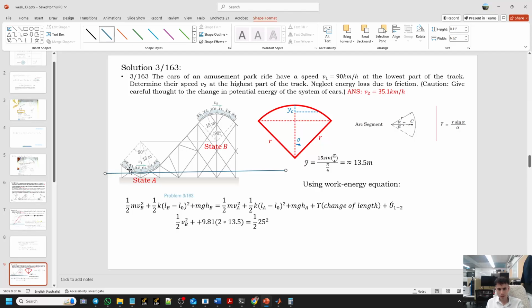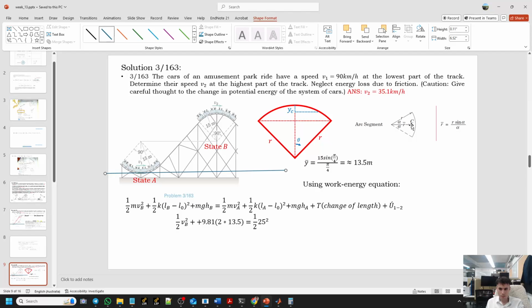So it is like an arc segment. For an arc segment, if this angle is 2 alpha, for example here it's 90 degrees, so 2 alpha is 90 degrees, therefore alpha will be 45 degrees.